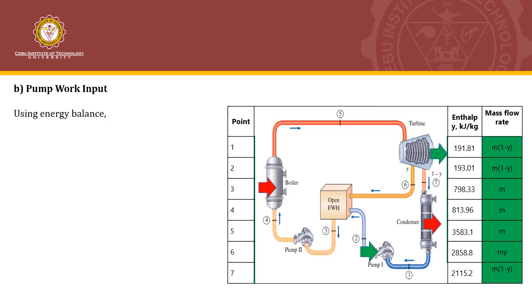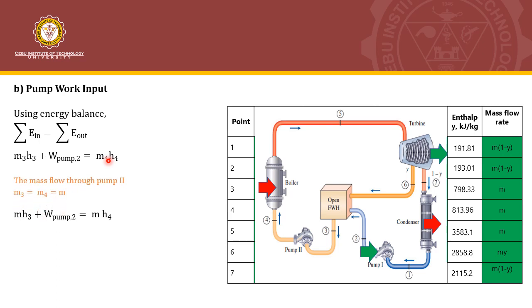So for the second pump, which is pump 2, we'll use the same process. So we account for the energy entering, which is M3H3, the work of the pump, and the energy leaving, which is M4H4. So we know that the mass flow through pump 2 is M3 and M4, and that they are equal.